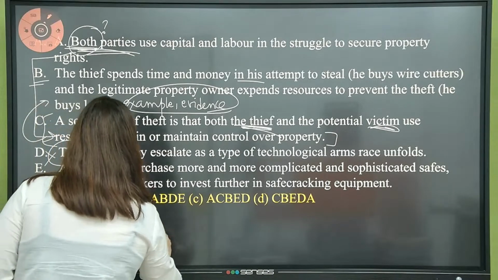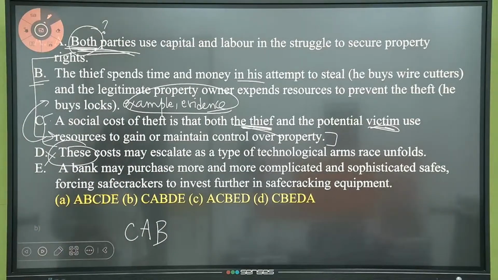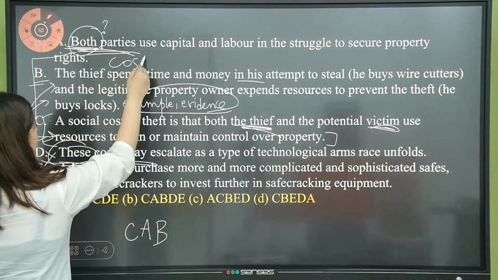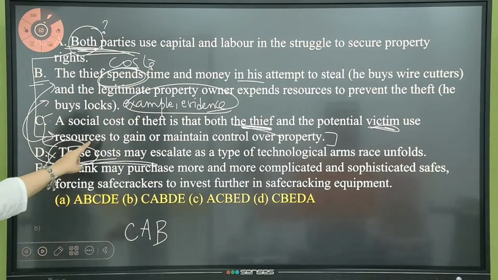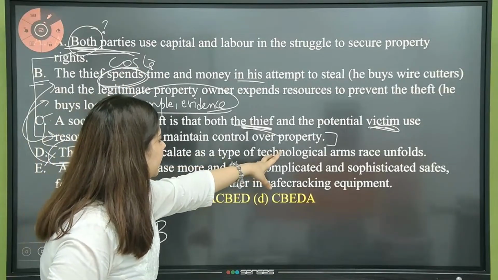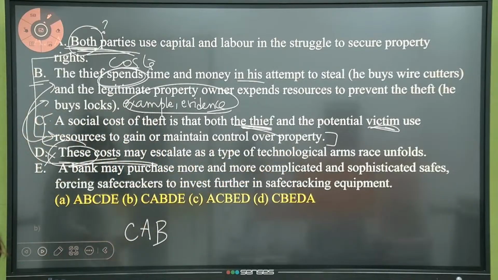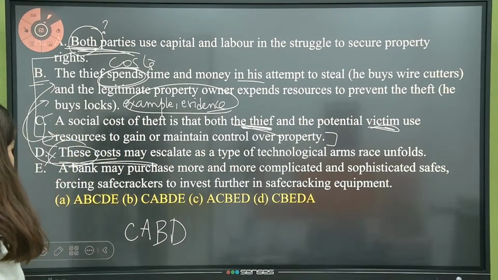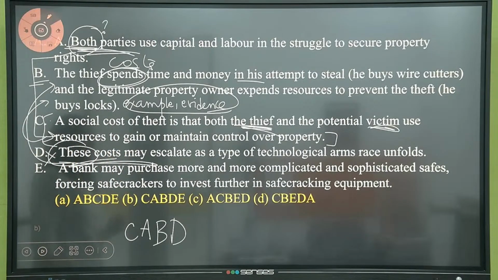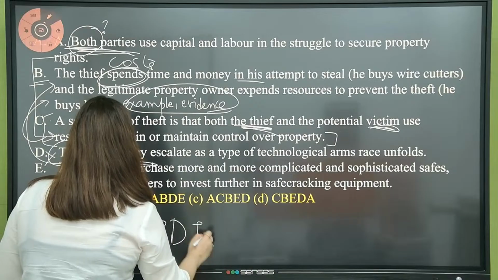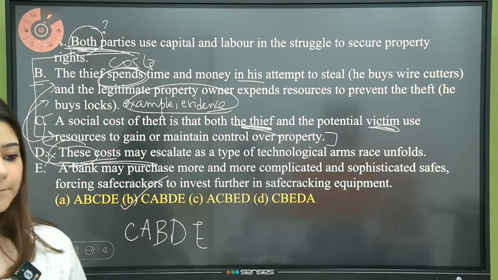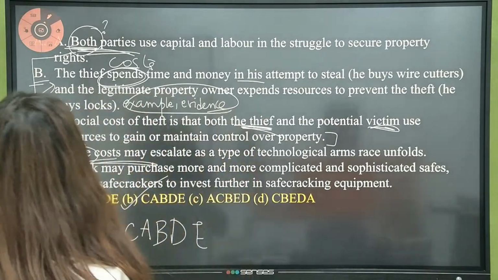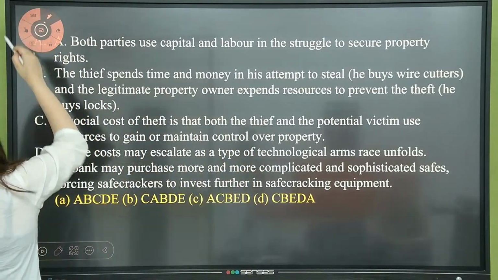So C, A, D, and then these costs. What costs? These costs may escalate as a type of technological arms race unfolds. A bank may purchase more and more complicated and sophisticated safes, forcing safe crackers to invest further in safe cracking equipment. So C, A, B, D, and E. This is how you're going to link the sentences.